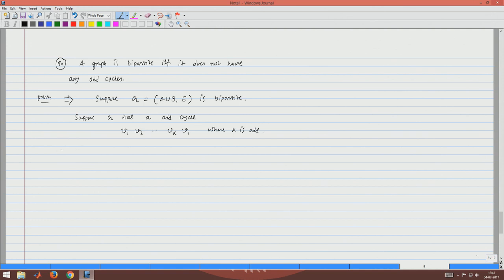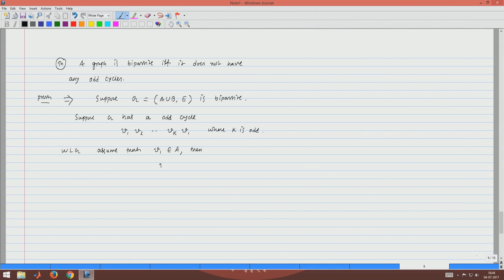Okay. So, without loss of generality, assume that v1 is in the part A. Then obviously if v1 is in part A, v2 will be in part B and v3 will be in part A again.